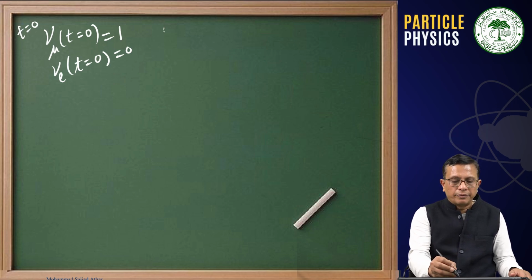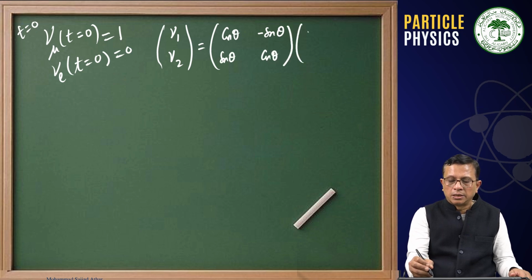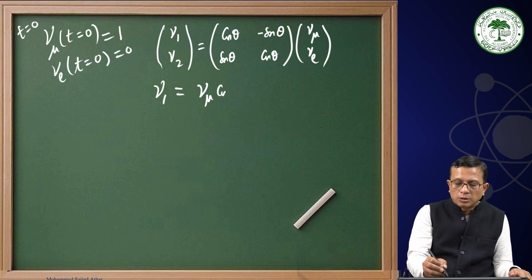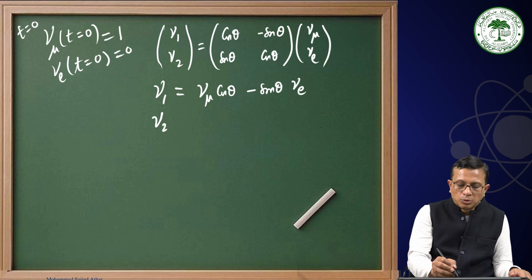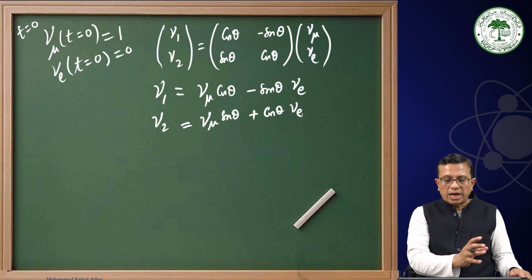And then what we did, we wrote nu1, nu2 as equal to the matrix cos theta, minus sin theta, sin theta, cos theta acting on nu mu, nu e. Therefore, you can say that nu1 is nu mu cosine theta minus sine theta nu e, and nu2 is nu mu sine theta plus cosine theta nu e. Now we will talk about the time t equal to 0.